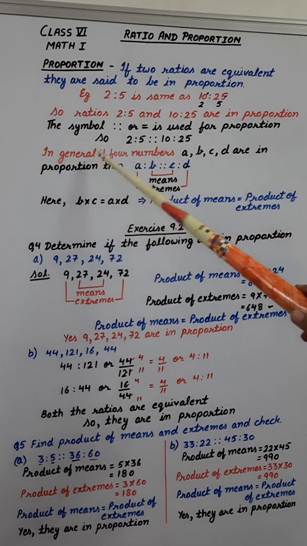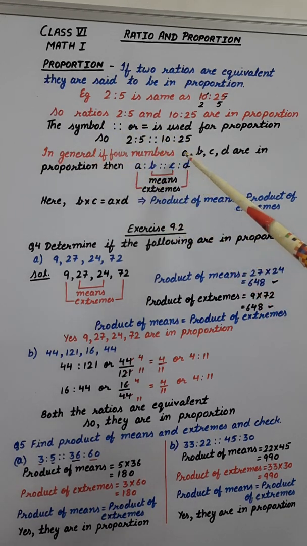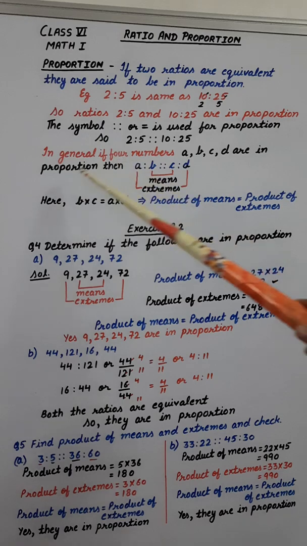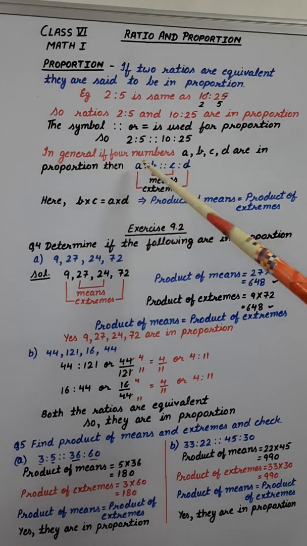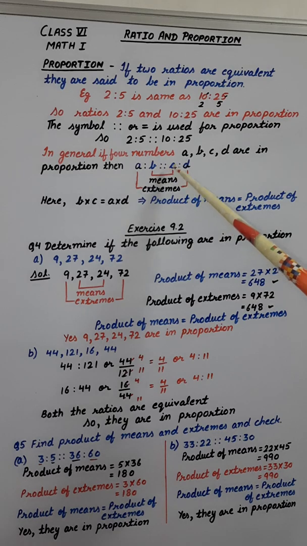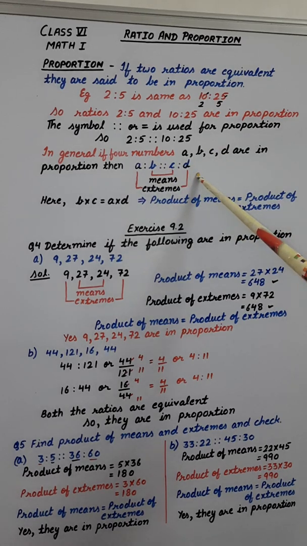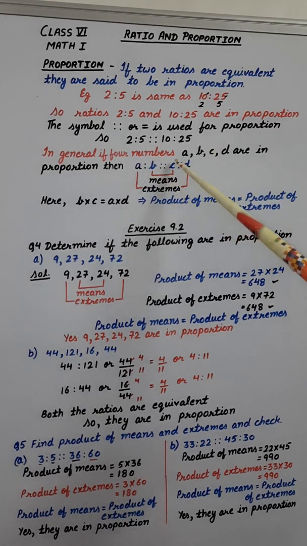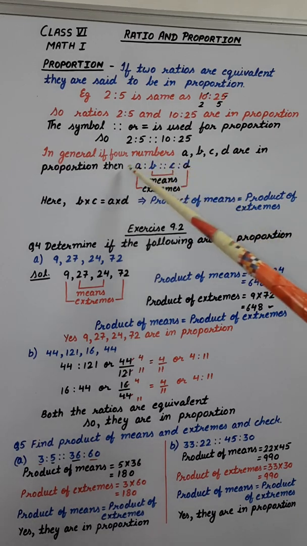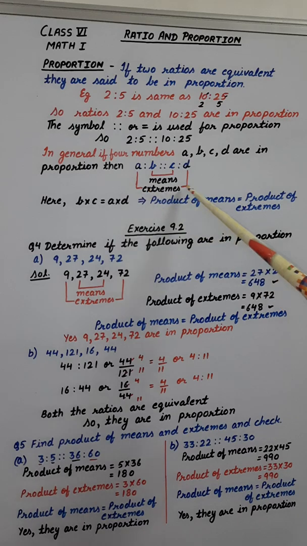So in general, if four numbers, let A, B, C, D be the four numbers, and they are in proportion, then we write them like this: A:B :: C:D, where the two middle terms are called means, and the two outer terms are called extremes.